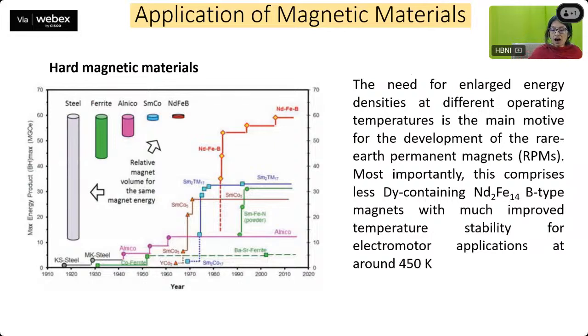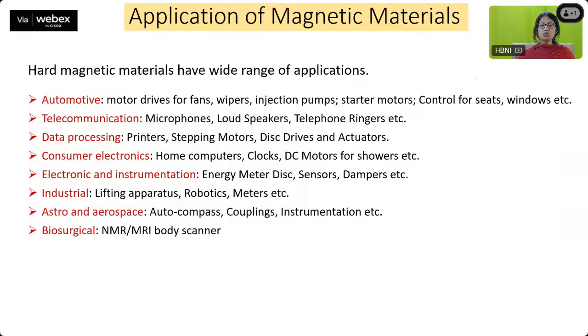So these are the different hard magnetic materials which I have listed out over here. Later on you can look into this slide and find out the different materials and what the magnetization is. Hard magnetic materials have a wide range of applications. In automotive, you use them for motor drives for fans, wipers, injection pumps. Telecommunication, it is used in microphones, in loudspeakers.